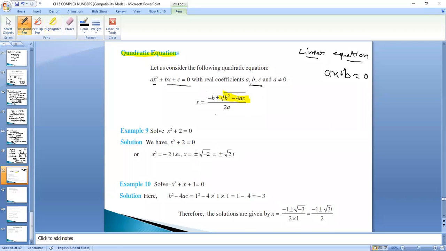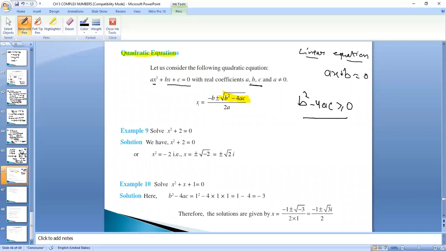Sorry, b square minus 4ac should be greater than or equal to 0. We did all the questions in the previous classes when b square minus 4ac is greater than or equal to 0, and we call this the discriminant, right?